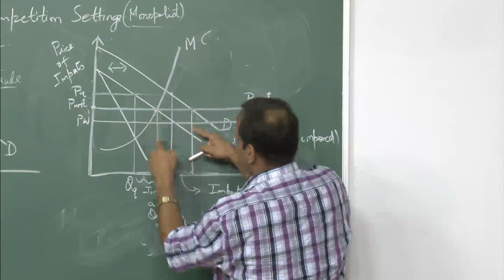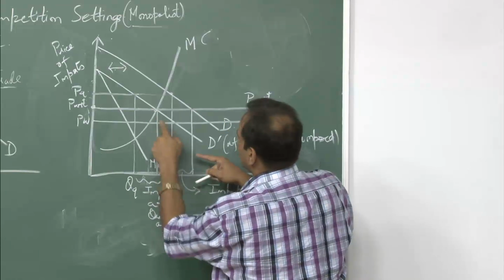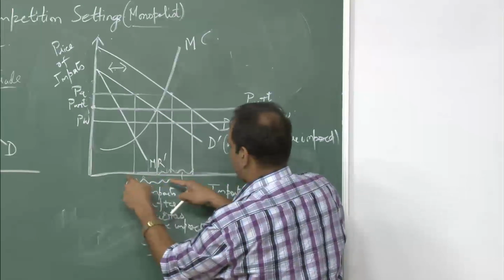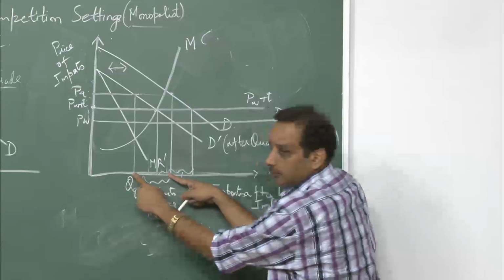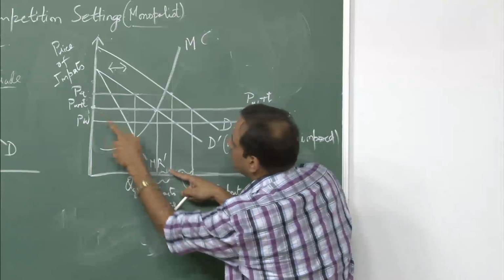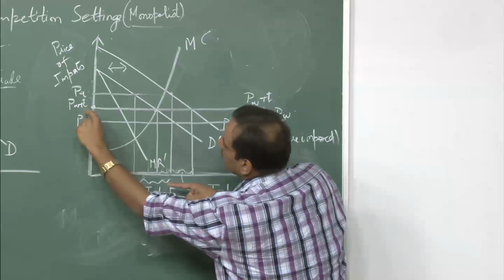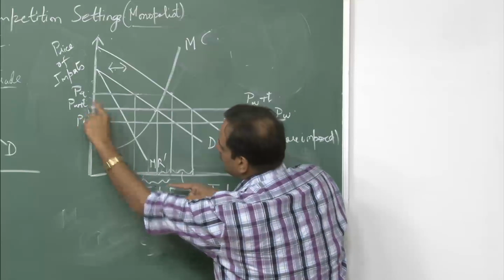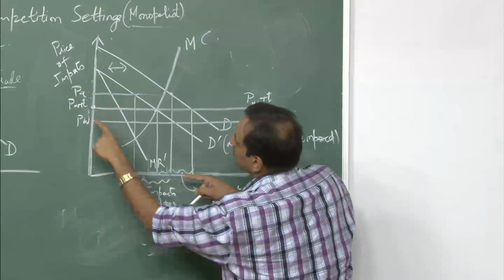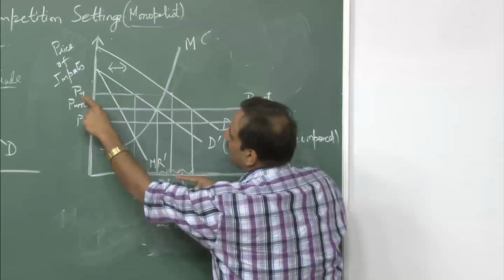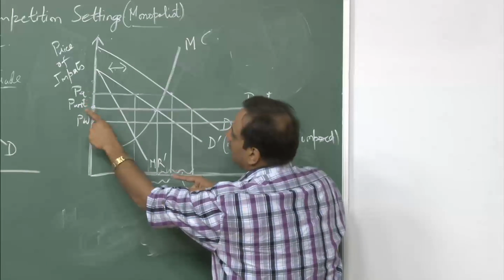So this is the imports, but the price rise, and these imports are equal to these imports, but the price rise in case when tariffs are imposed is PW plus T, but when quotas are imposed it is PQ, much higher than when tariffs are imposed.